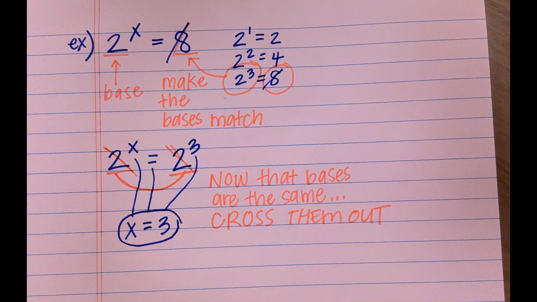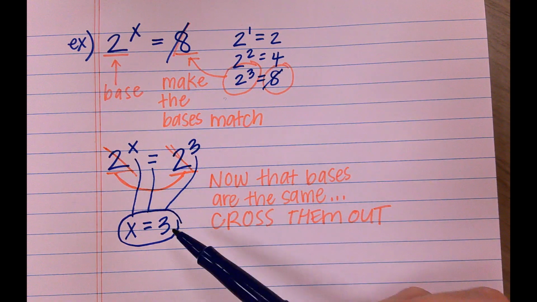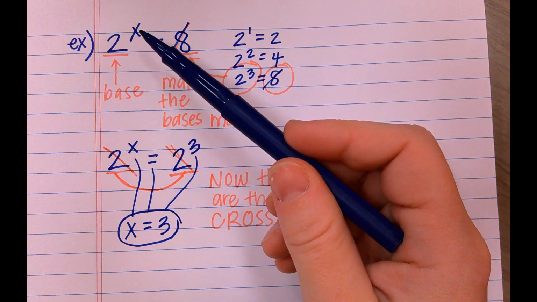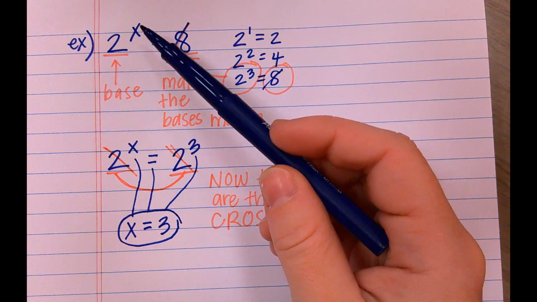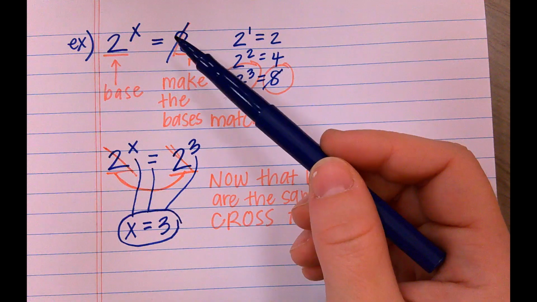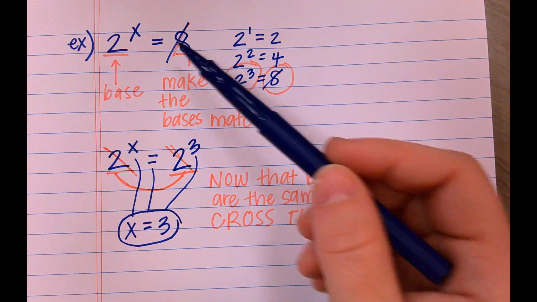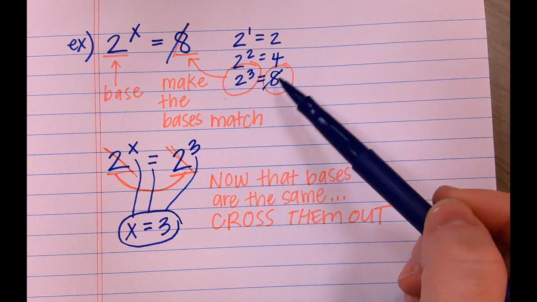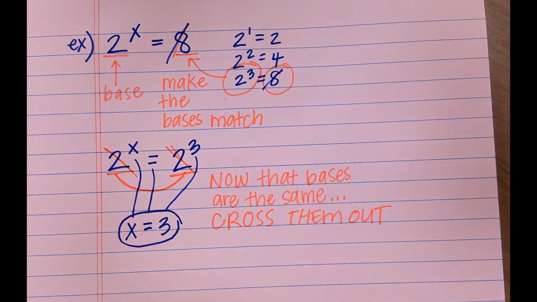That would be your answer. Because when I plug in 3 for x, 2 to the x power, well, x is 3, 2 to the third power equals 8. Is that true? Over here, we figured out it is true. 2 to the third power is 8. So it works.